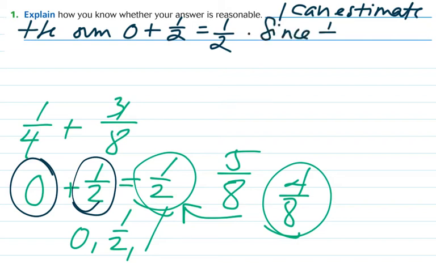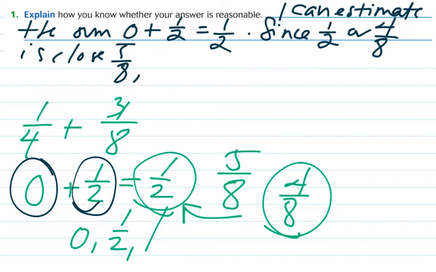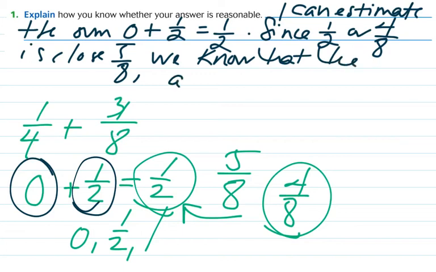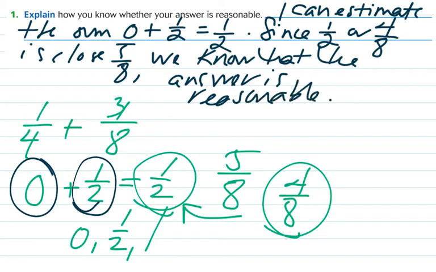Since a half or 4/8 is close to 5/8, we know that the answer is reasonable. So this is another way for us to practice what we did in lesson 6.3.